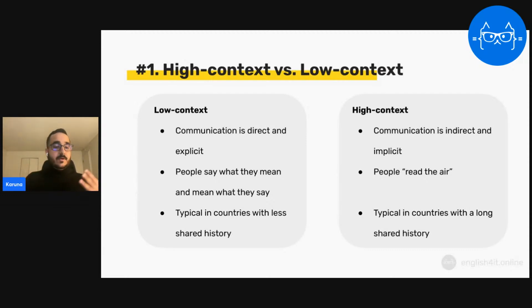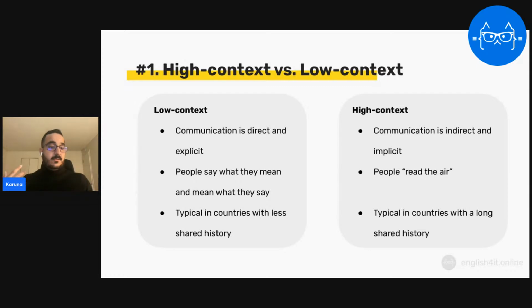Or you discuss the issue in very indirect ways because being direct could be seen as rude, right? Or breaking the hierarchy. People sort of read the air, they read the room, they pick up on facial cues, on body language a lot more.